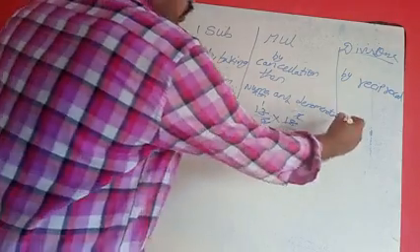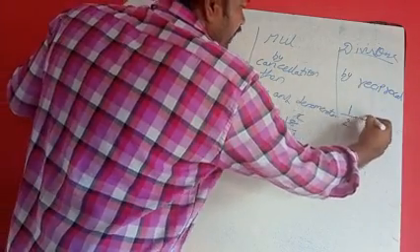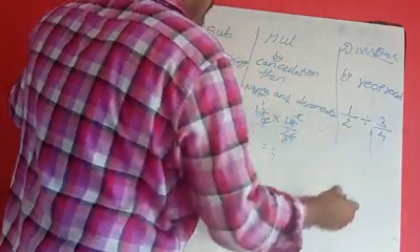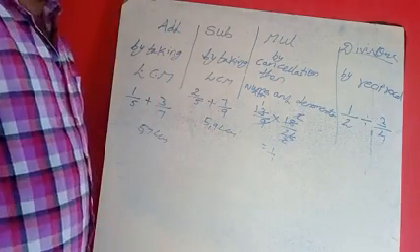Reciprocal means, in divisions, 1 by 2 divided by 3 by 4. This is the given question for us to do. Like a normal sum, we should not do the division.